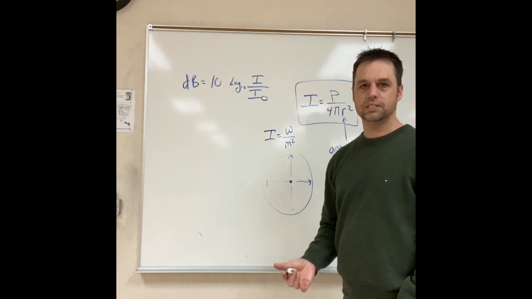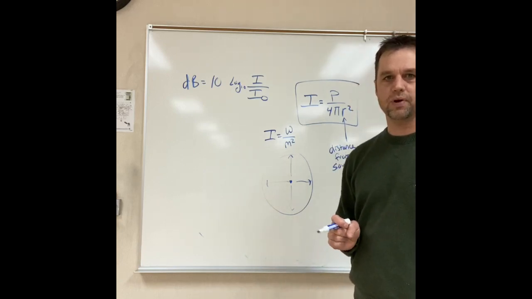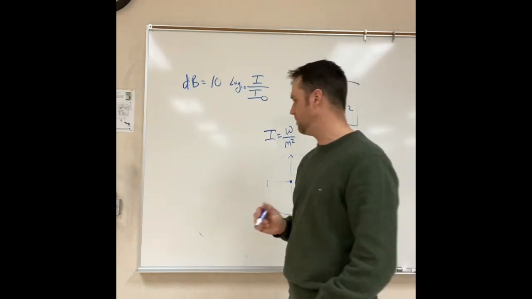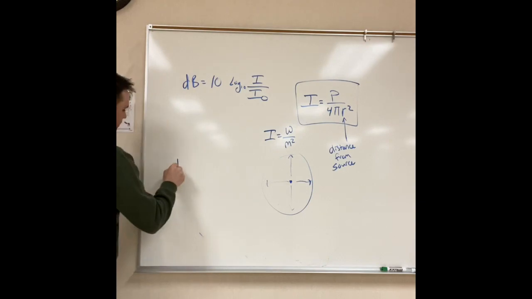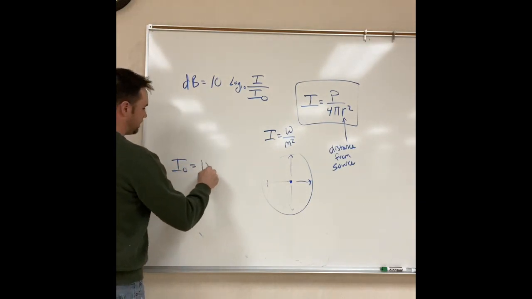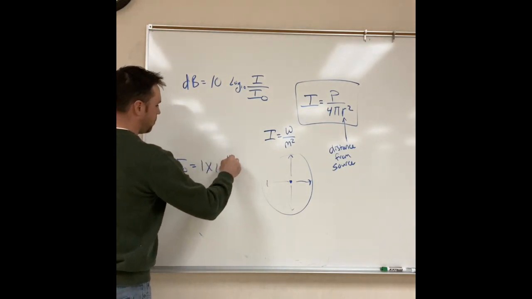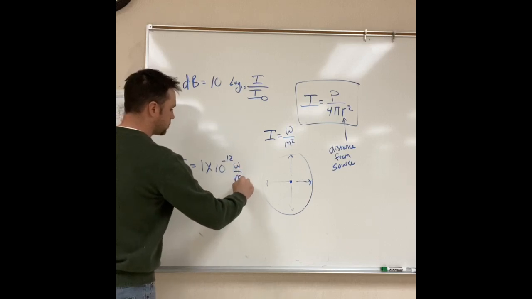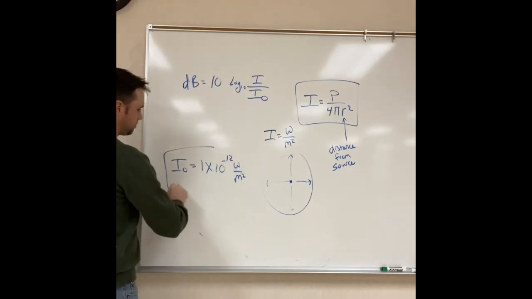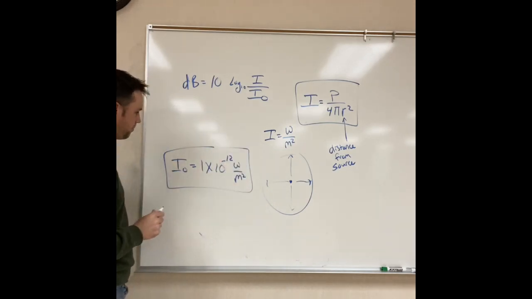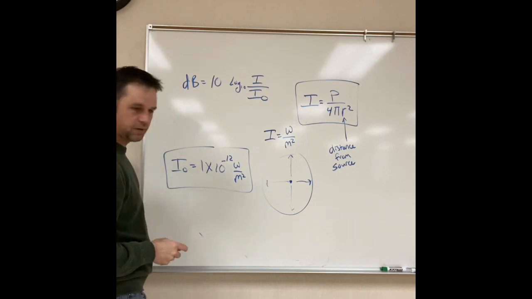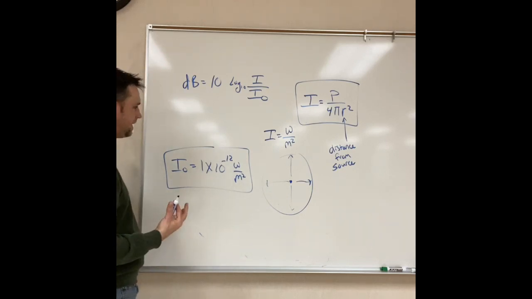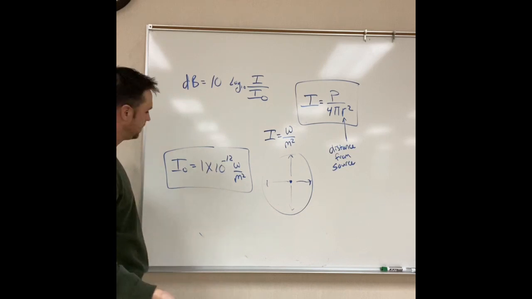All right, I want to impress you with your ears because the threshold intensity that your ears can hear, called I0, is 1 times 10 to the negative 12 watts per meter squared. You seem impressed. That is a really small number. That is a tiny, tiny, tiny fluctuation in pressure to get that power distributed over a meter squared.